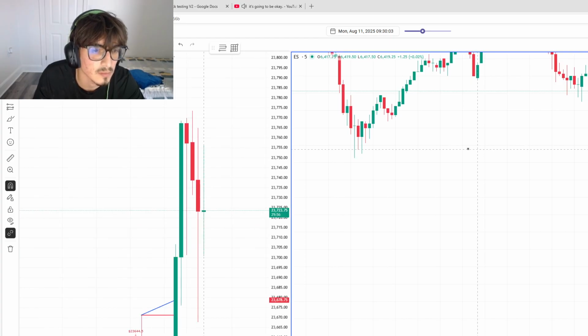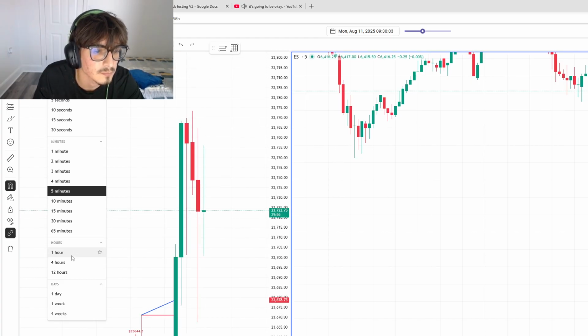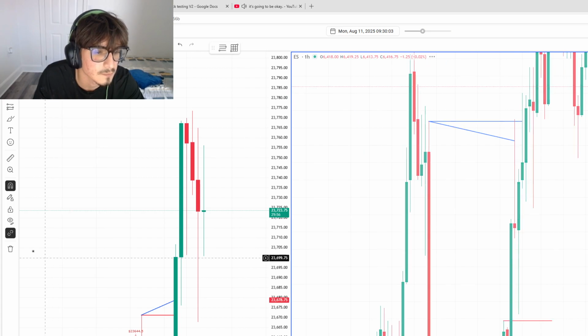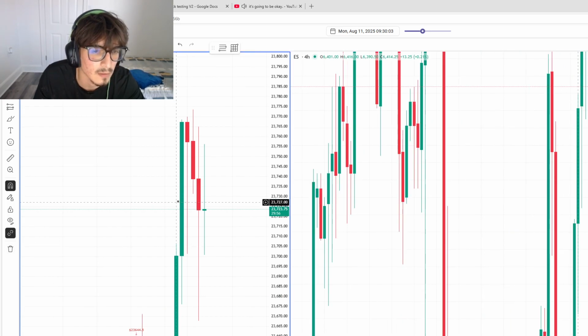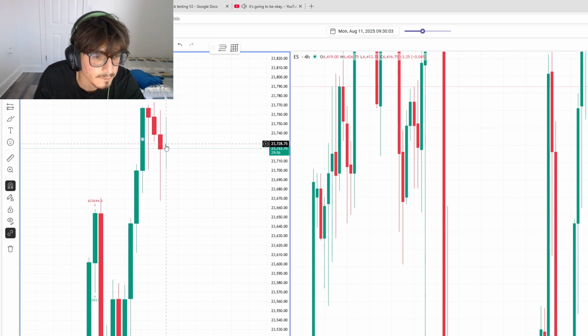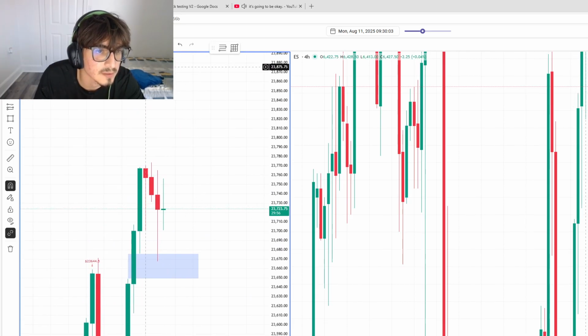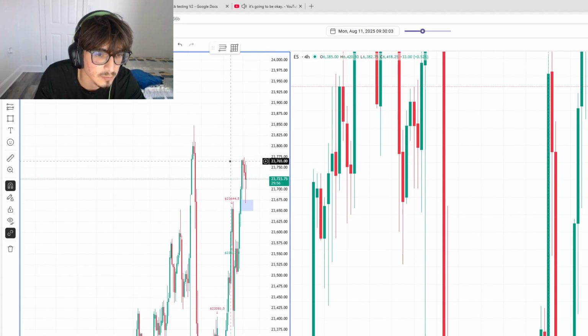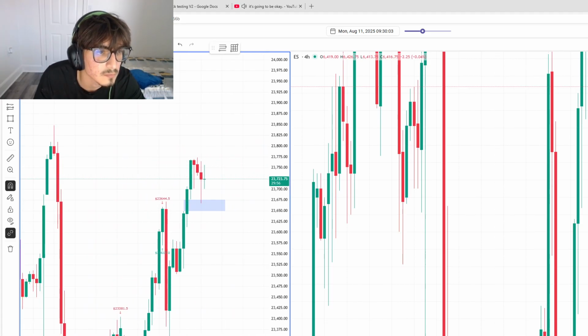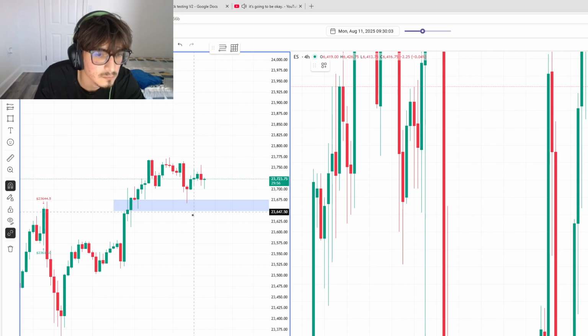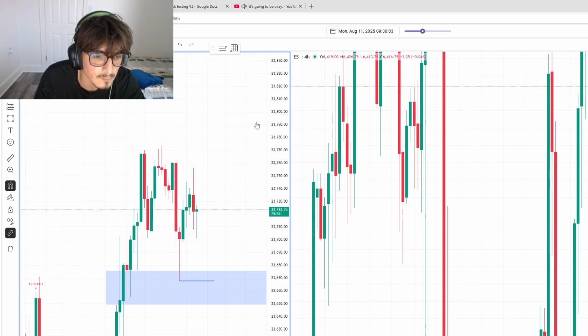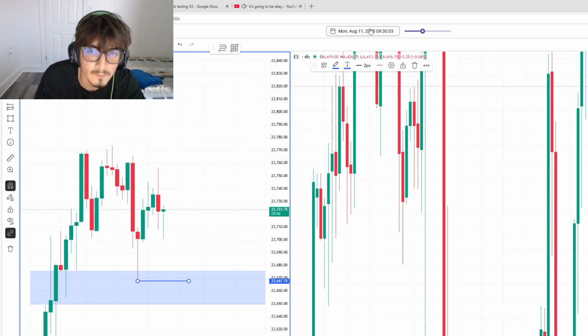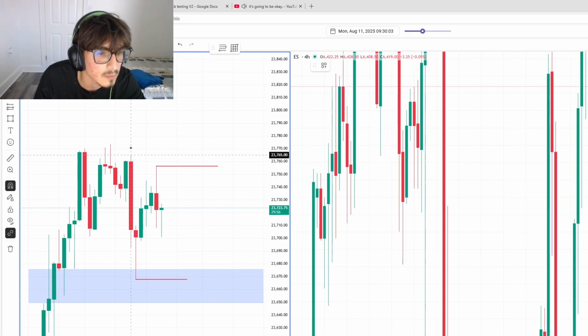Okay, so we do 4 hour. We're looking at the higher time frame. What we can see is this 4 hour gap already tapped into. Higher time frame is looking pretty bullish. Look at that, bullish odds are looking pretty good.